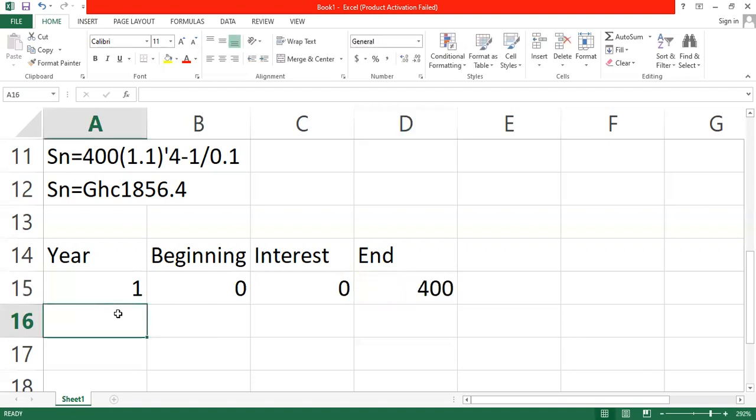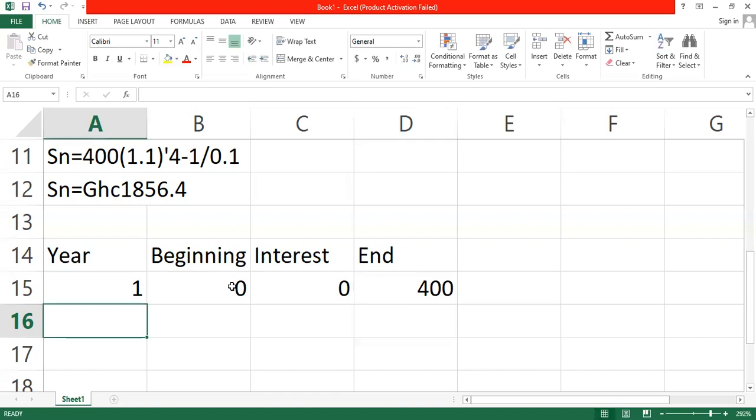Jocelyn, are you okay with this one? Sir, even the 1,856, I'm not getting it. Okay, let me take it again. One plus R, which is 1.1, to the exponent 4.